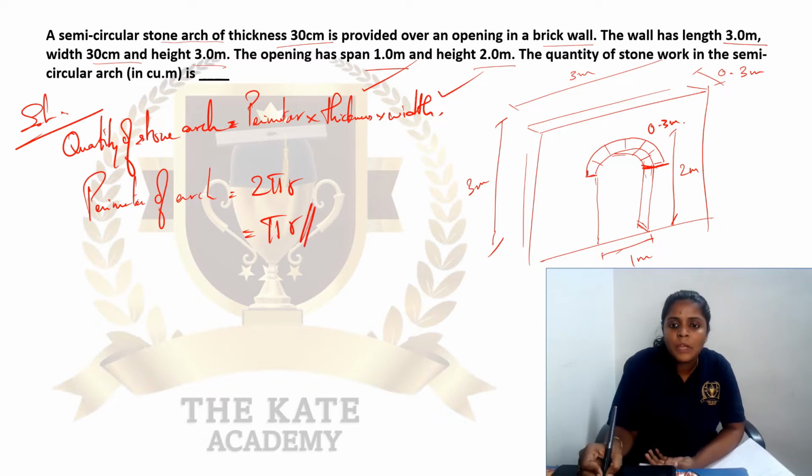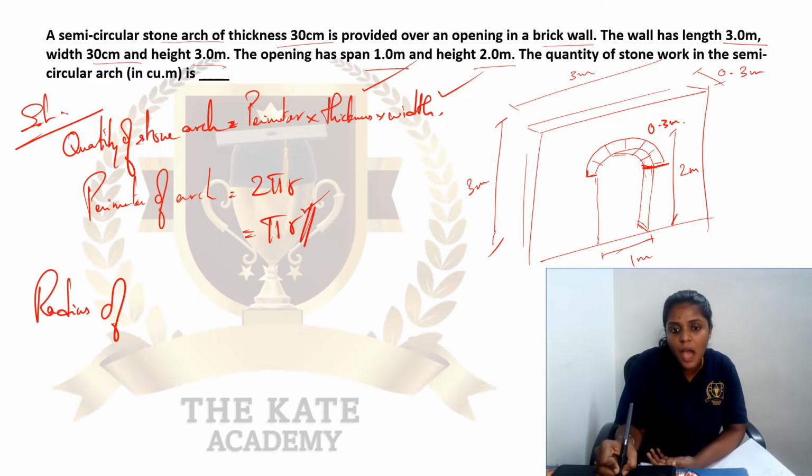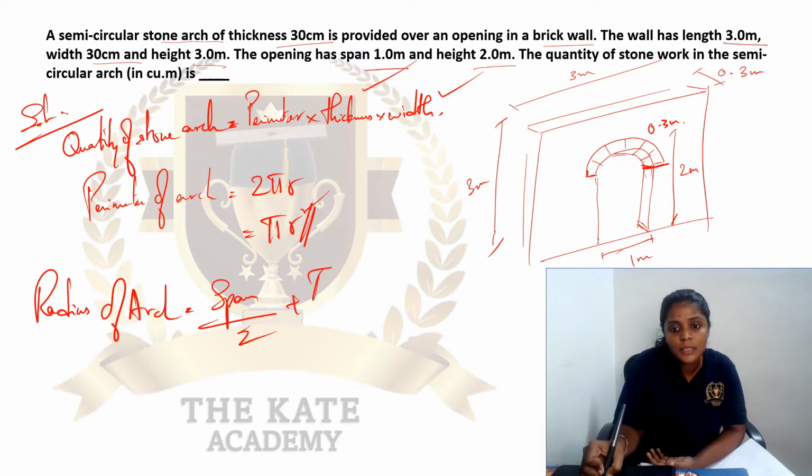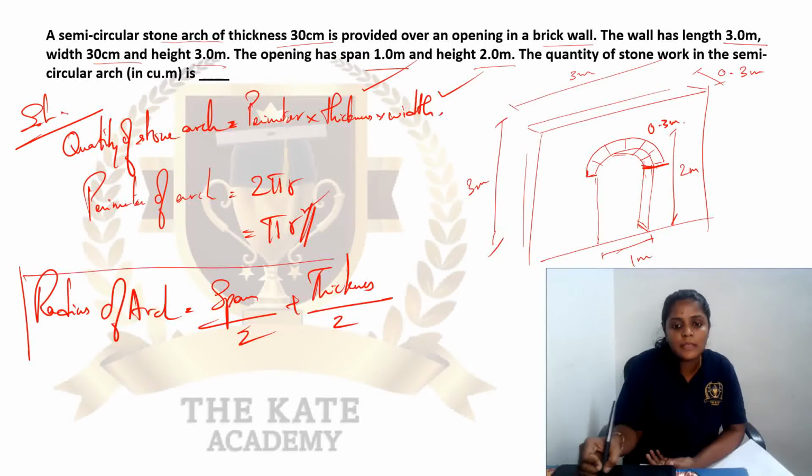Okay. Now do we have r over here, radius of the arch? No. So we have to find radius of arch. So that has a formula which is span divided by 2 plus thickness divided by 2. Please write it down in your note.